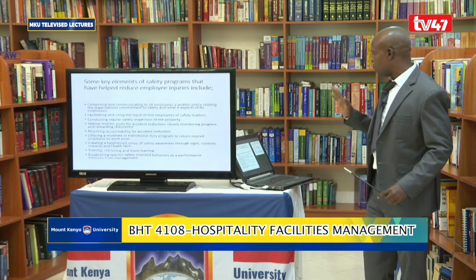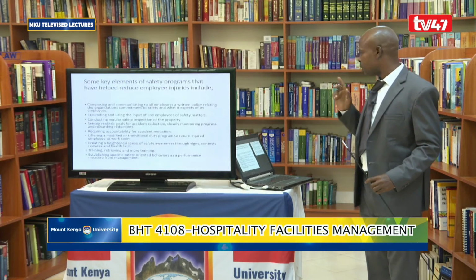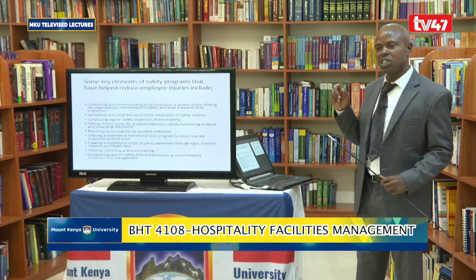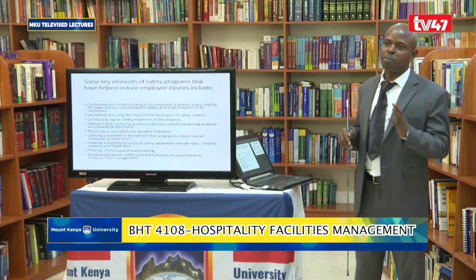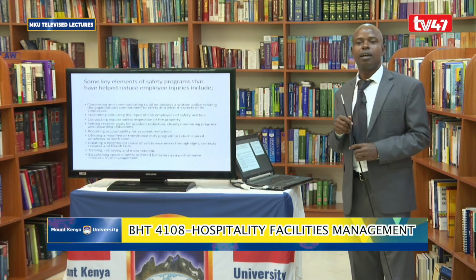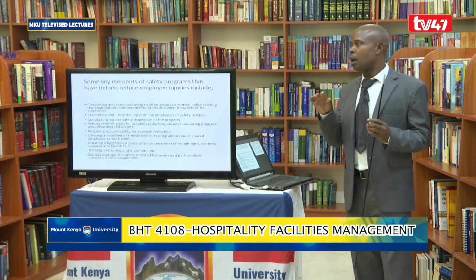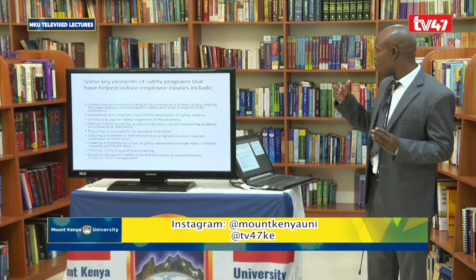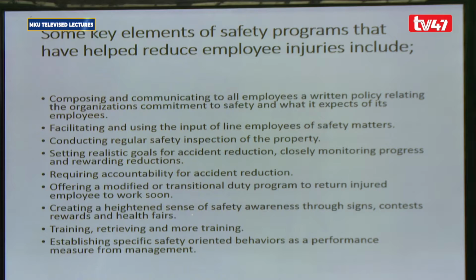So I want us to look at some of the key elements of safety programs that will help us reduce employees' injury. As I said, our employees are important and they are assets, and therefore, within the facilities, they must be kept safe. And what can we do so that we reduce some of the injuries that can occur?